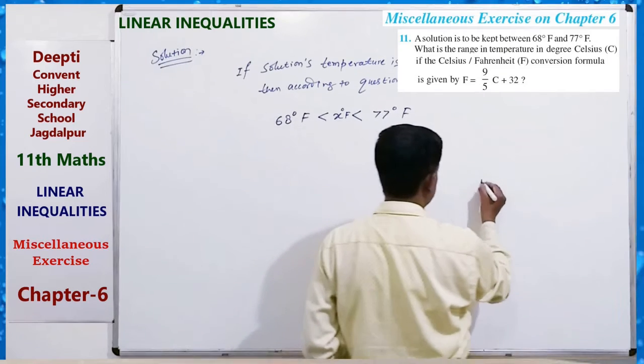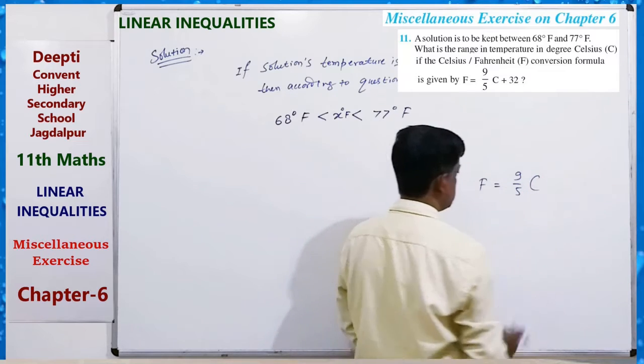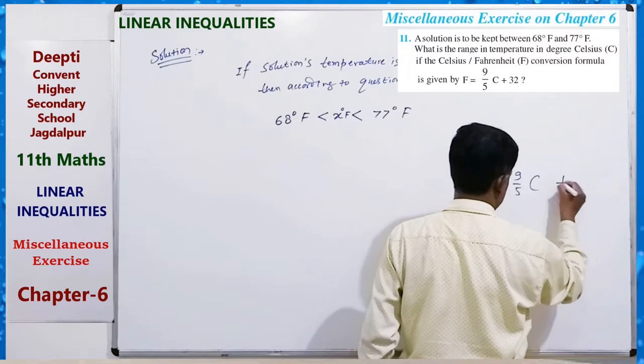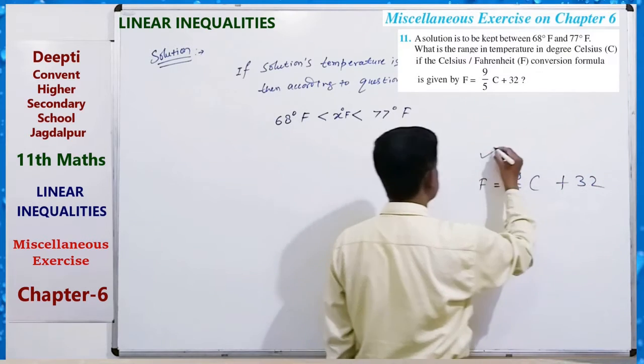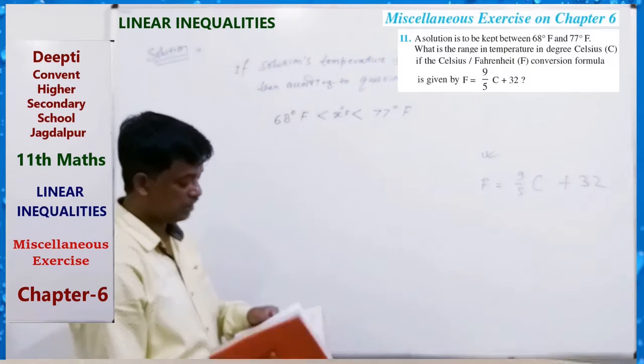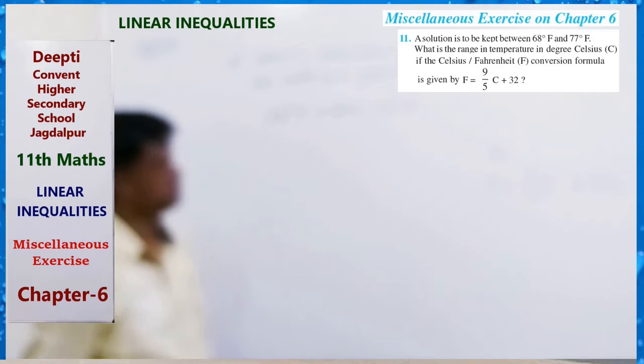Also we are given that Fahrenheit is equal to 9 by 5 C plus 32. This is the conversion formula. This is Fahrenheit degree, this is Celsius degree. We have to find the range of temperature in Celsius degree.